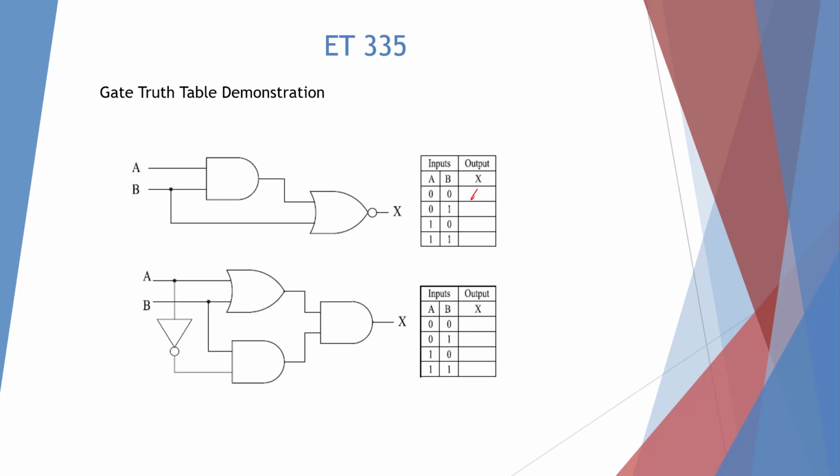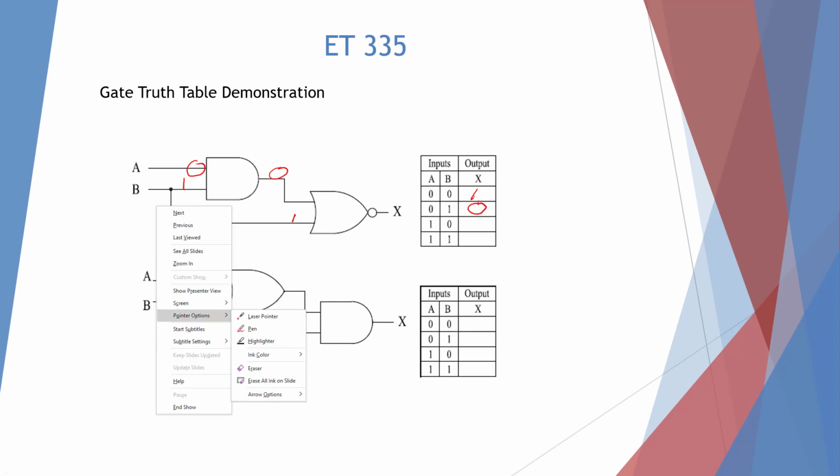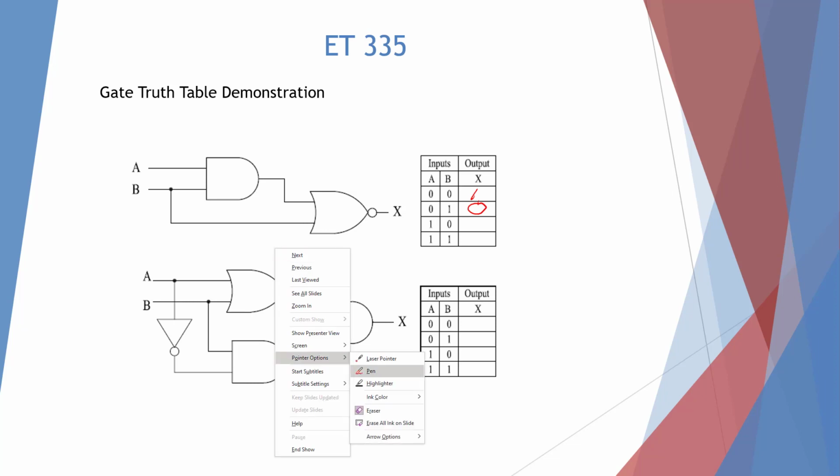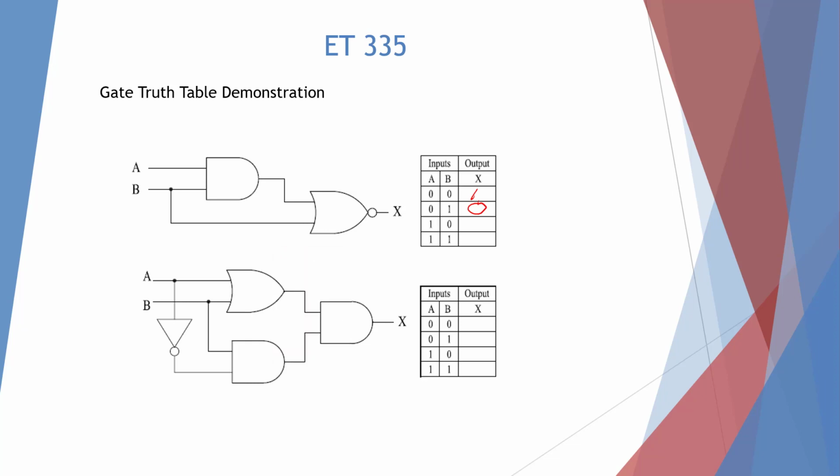The next thing we have is a 0, 1, and we have a 1, which is a 0. Next we have a 1, 0, which is a 1.